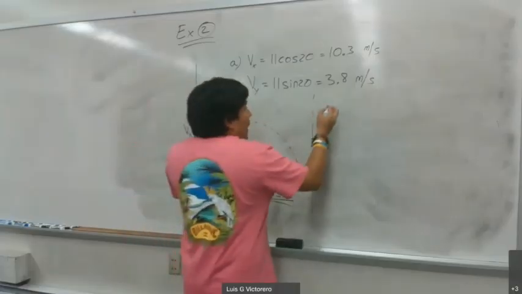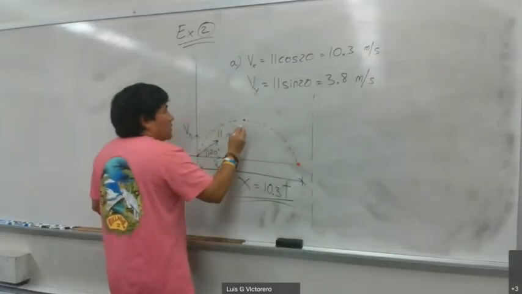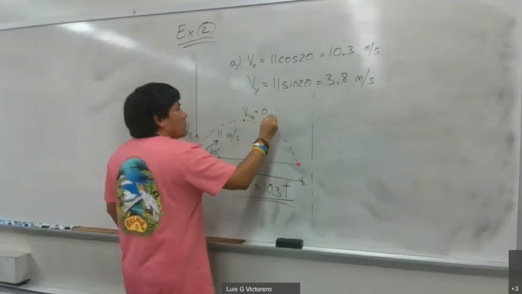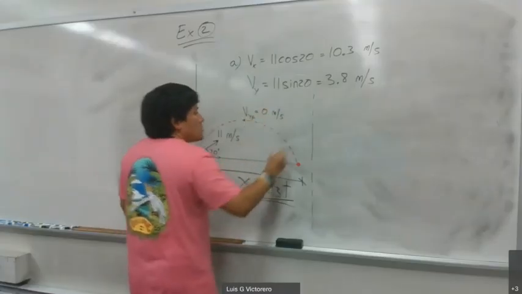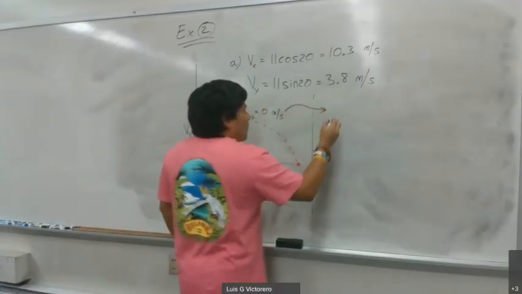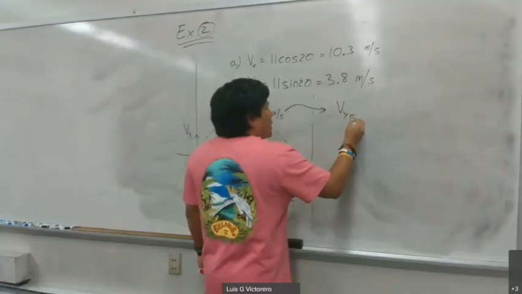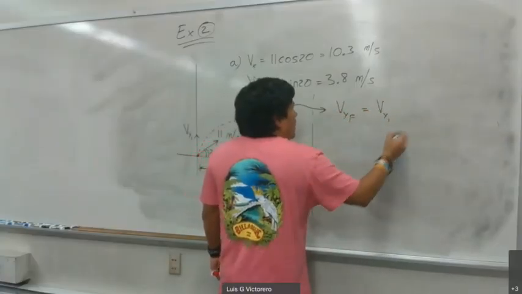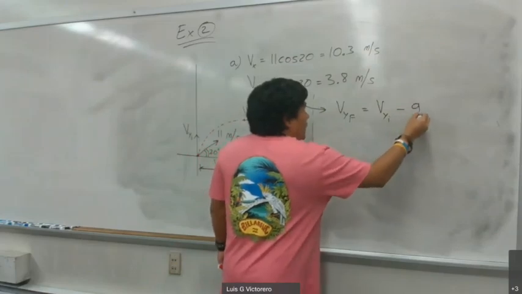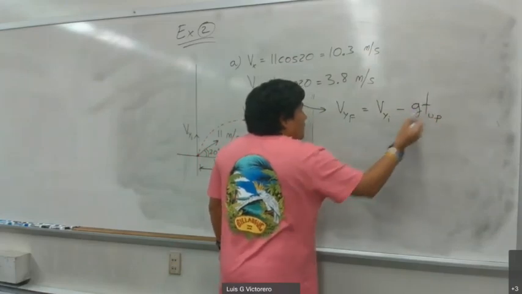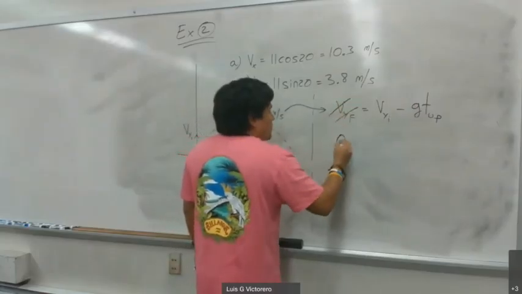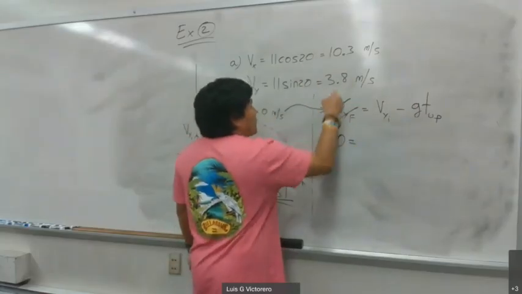To find the time to go up, at this point Vy final is 0. So Vy final is equal to Vy initial minus gravity times the time to go up. This is 0, this is this, minus 9.8 times t.